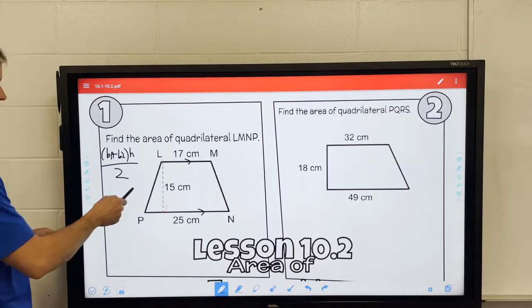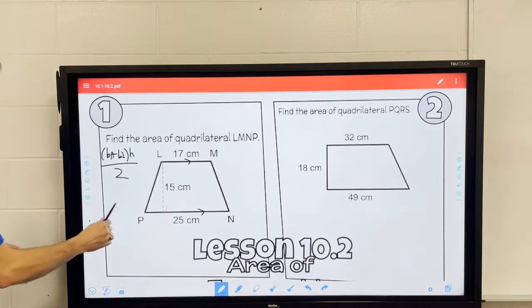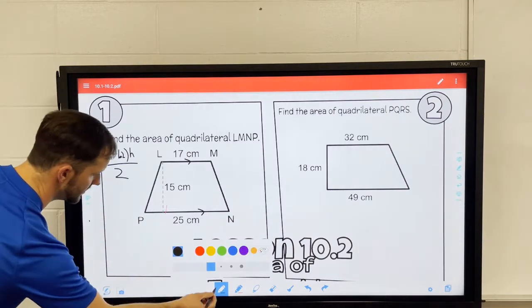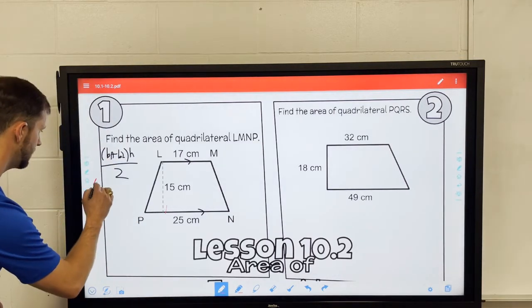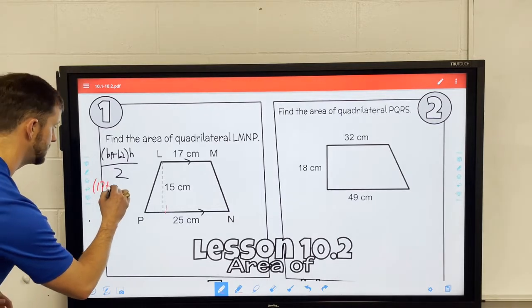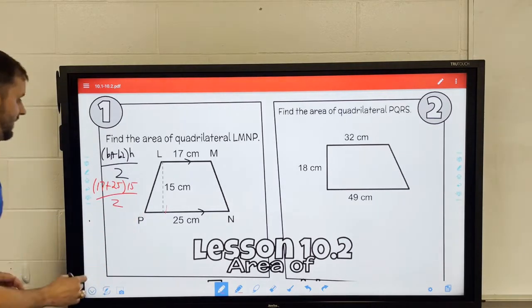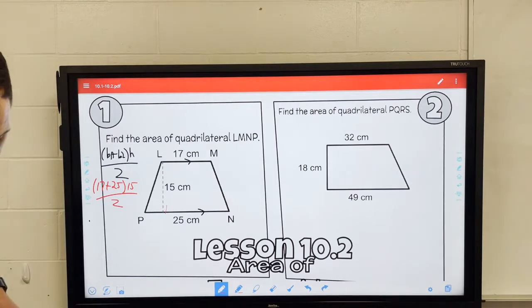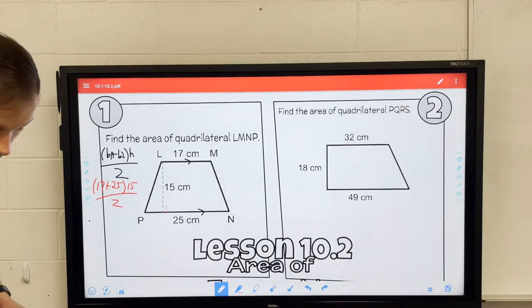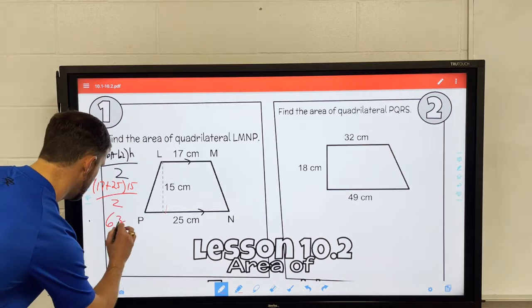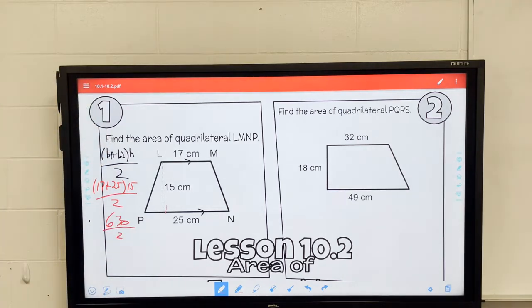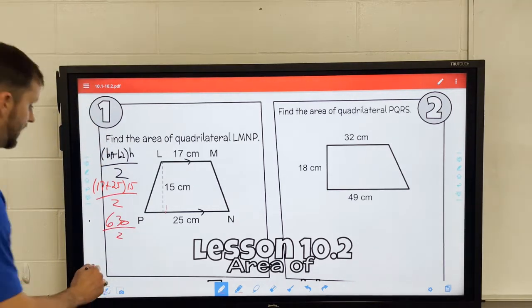If I look, base 1 and base 2 are 17 and 25. I'm going to use a different color here so y'all can see this. So I'm going to do 17 plus 25, and then multiply that by the height of 15, and divide the whole thing by 2. 17 plus 25 is 42, times 15 gives me 630. 630 divided by 2 gives 315.